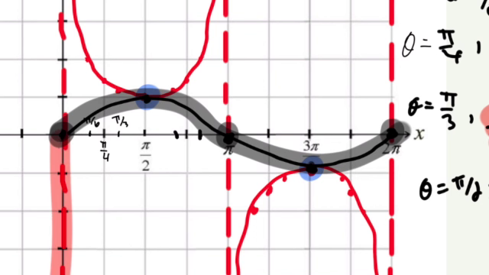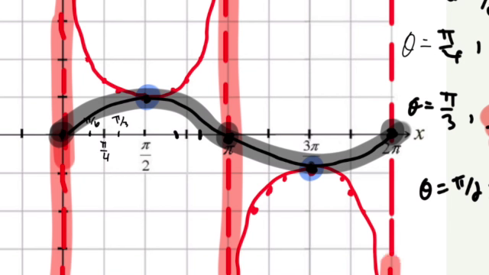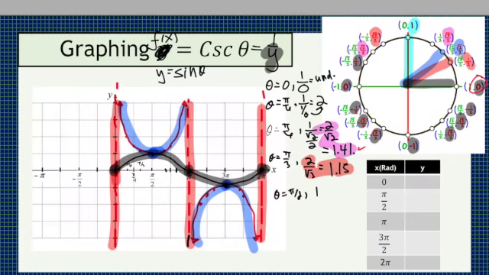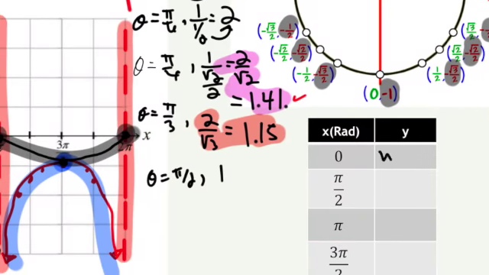Wherever it hits 0, there's an asymptote there. And then wherever you see peaks on your graph, wherever I see a peak, there's a peak, parabola. There's a peak, parabola.